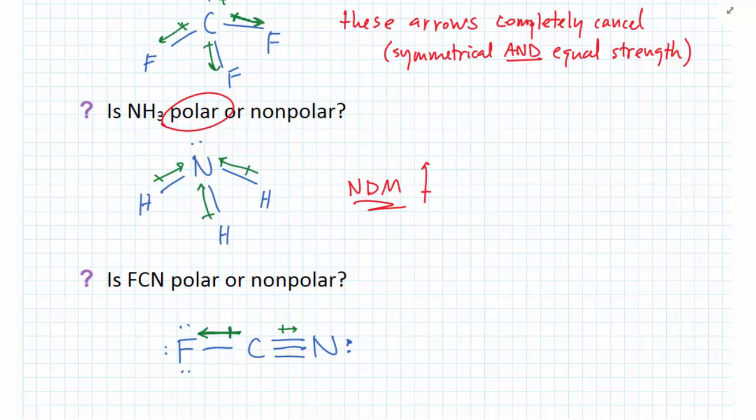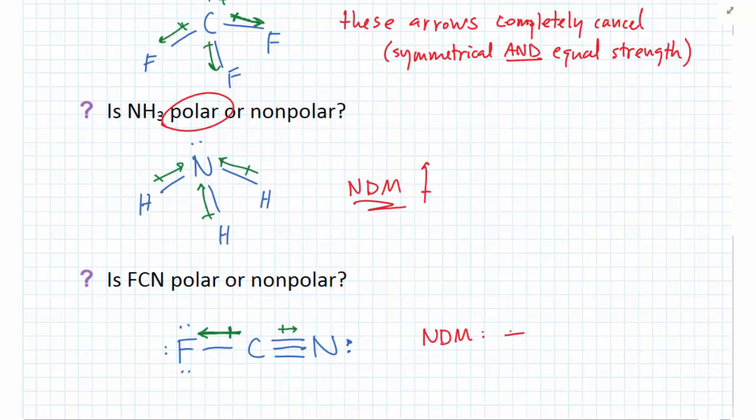Those arrows do not cancel. In order to cancel, they have to be symmetrical and equal strength. What direction, on mine at least up here, point with your finger, what direction the net dipole moment would be. Yes, this would be overall that way. Okay?